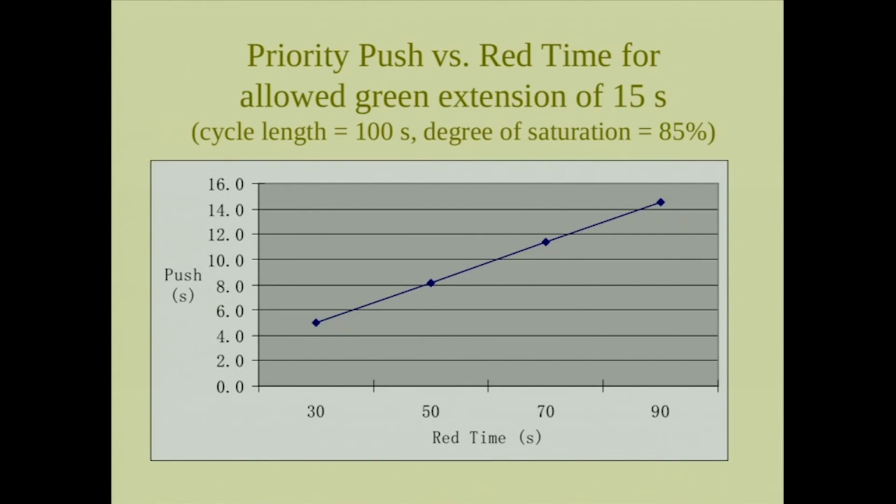Well, then the priority push is pretty small, only about 5 seconds. But if the red time is long, if it's a 100-second cycle and the light is red for you 90 out of those 100 seconds, then getting pushed ahead 15 seconds will save you a lot.